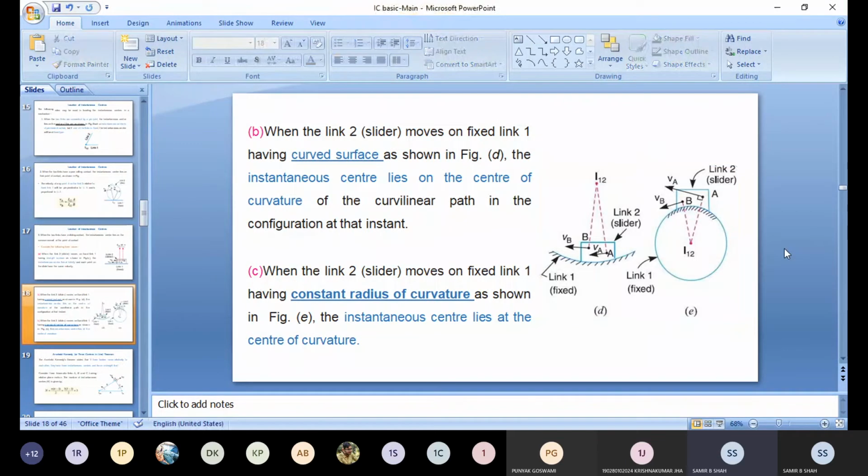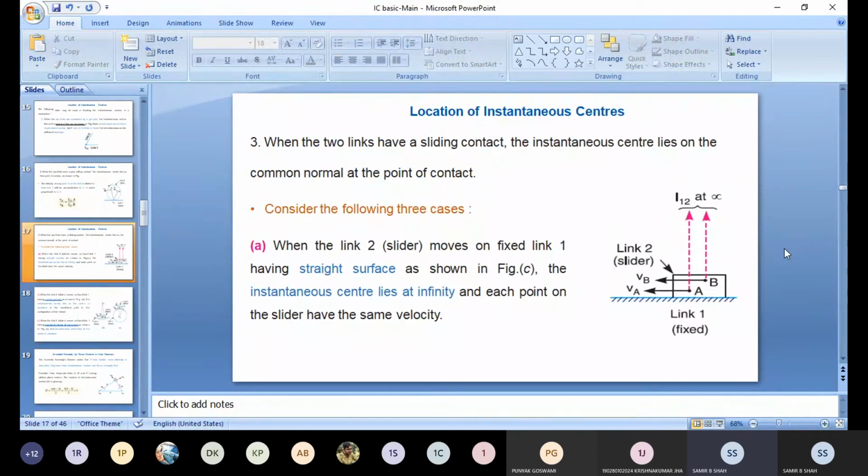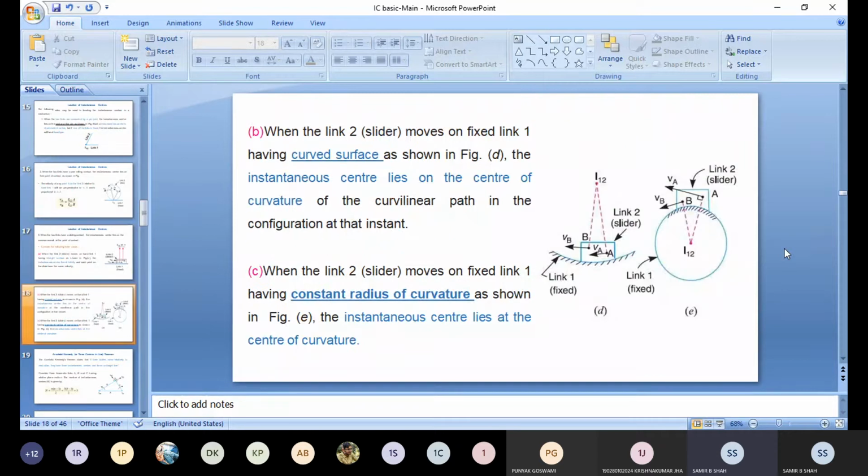So these are the three cases of different kinds of surfaces. Either it may be a straight surface, a curved surface, or a surface with a constant radius of curvature. So we get different locations of the IC.